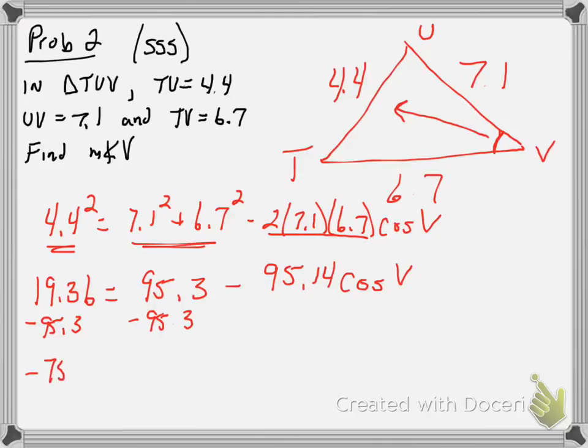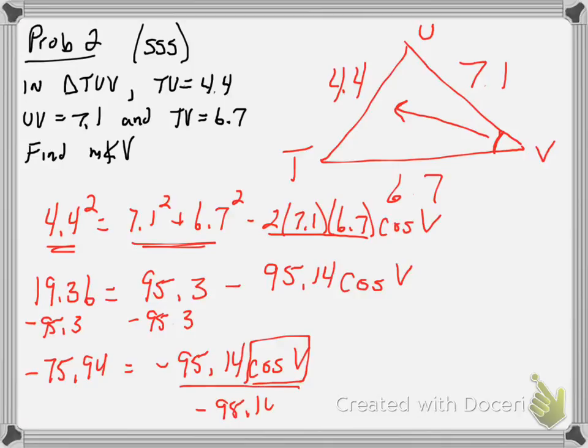Watch your signs. Negative 75.94 equals negative 95.14 cosine V. Now again, treat this like a variable, like x. Who cares? How do I break that apart? Well, this is negative 95.14 times cosine of V. So I'm going to go ahead and divide by negative 95.14, divided by negative 95.14.